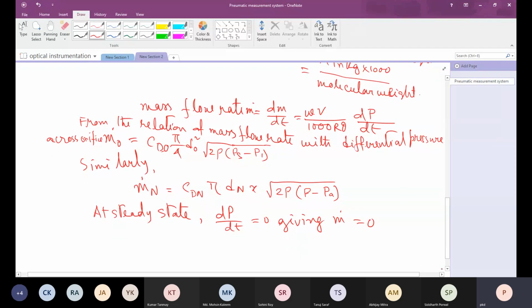That means towards that output where the pressure is now steady, dp/dt would be 0, giving m dot equal to 0. So then we have the output mass flow rate through the orifice equal to the mass flow rate in the nozzle.